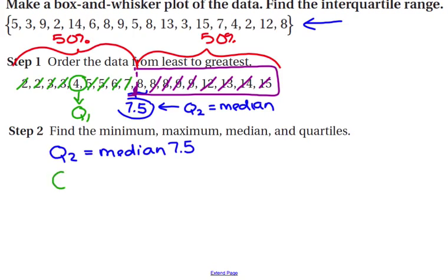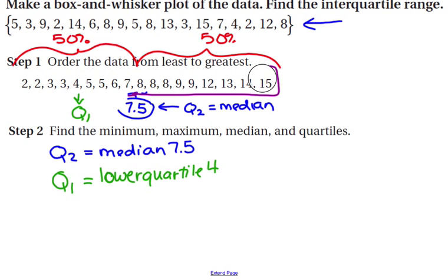It's the halfway point of the lower half. This is our lower quartile, which is 4.